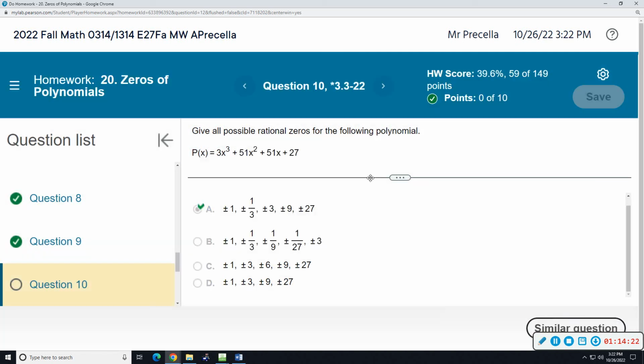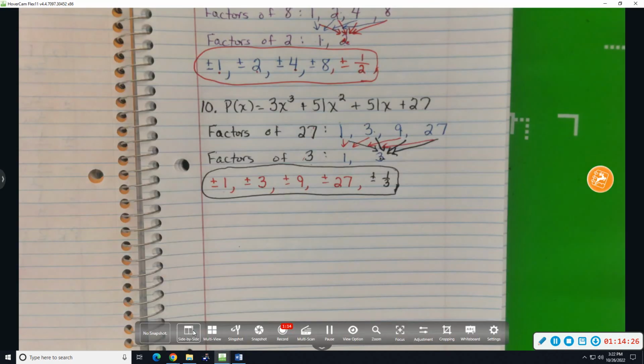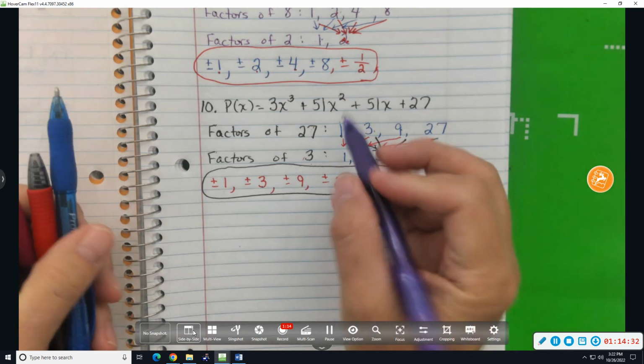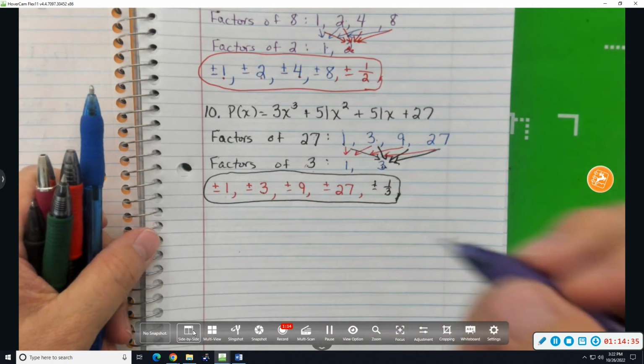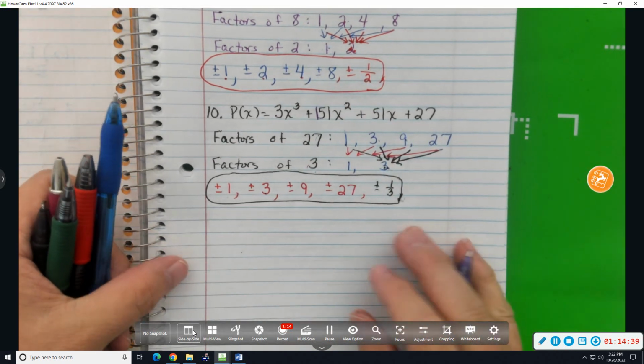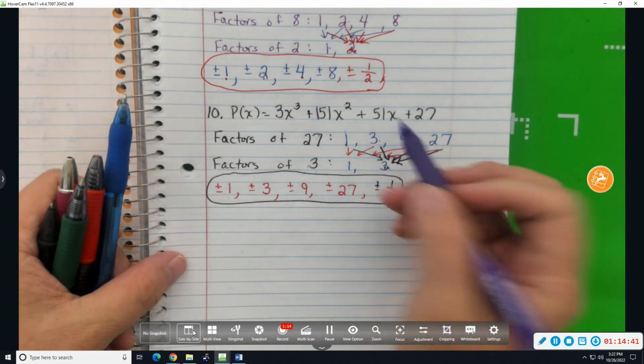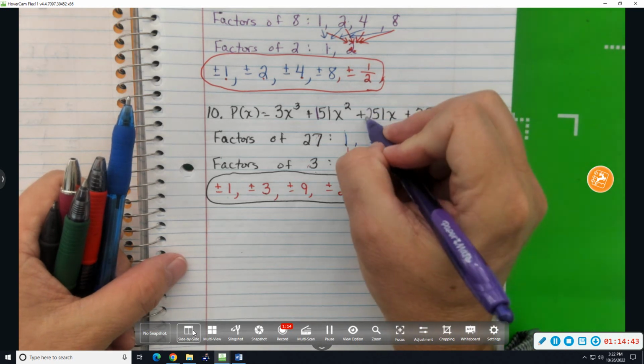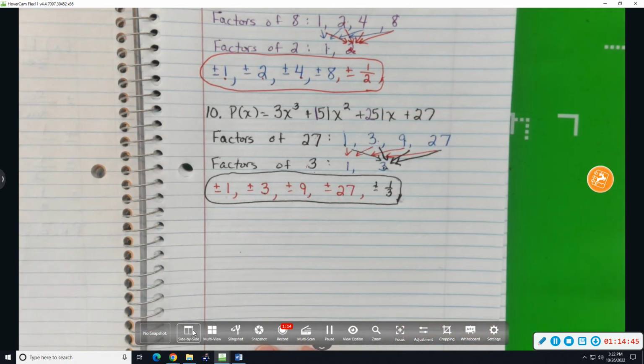Okay. Now I'm going to change up that problem we just did. Okay, we have a 3x cubed. Instead of a 51x squared, we're going to have a 151x squared. Instead of a 51x, we'll have a 251x.